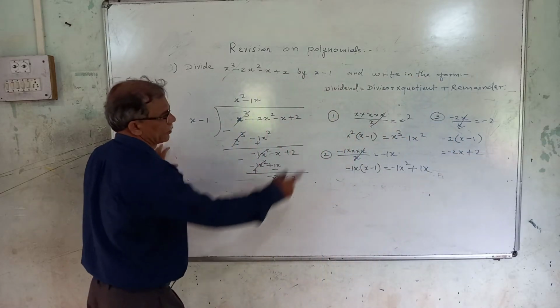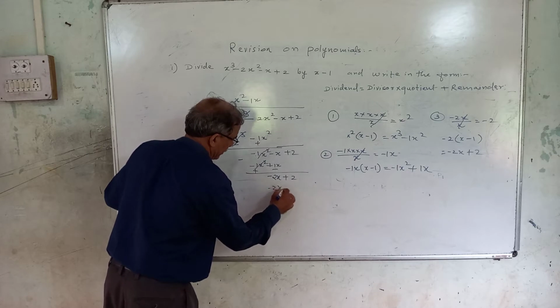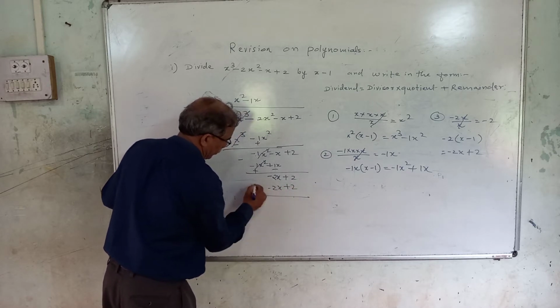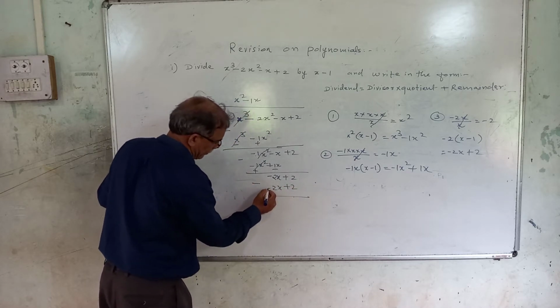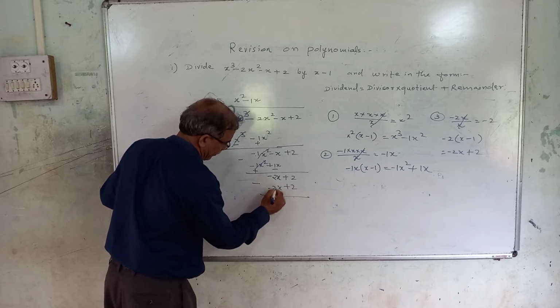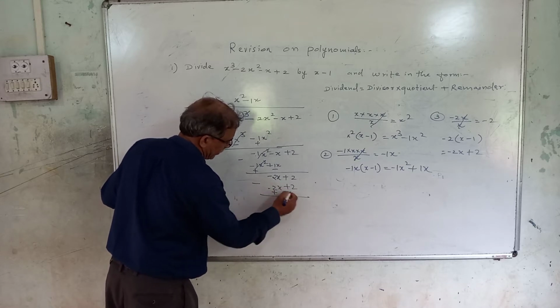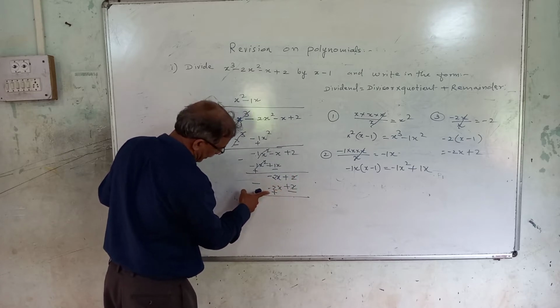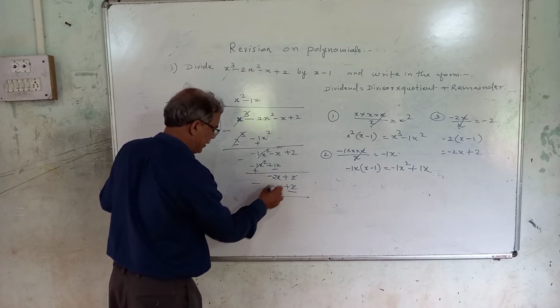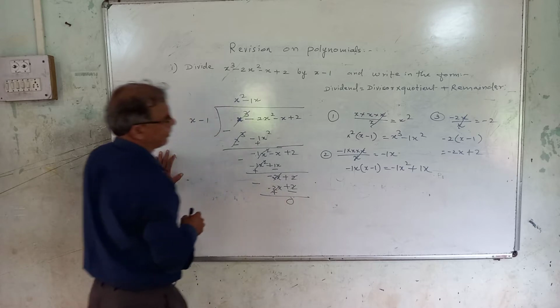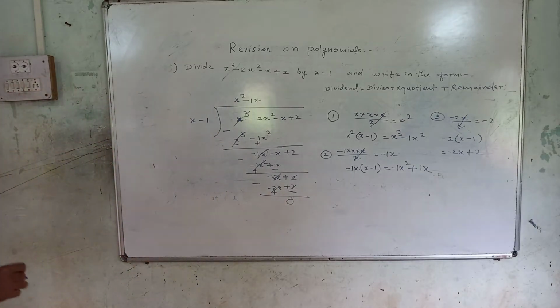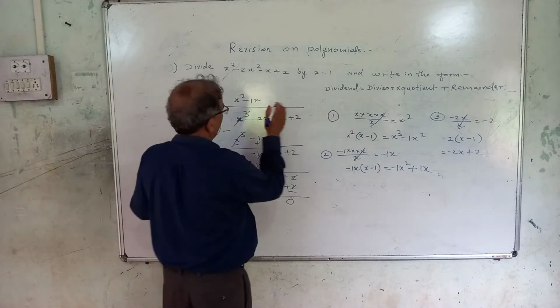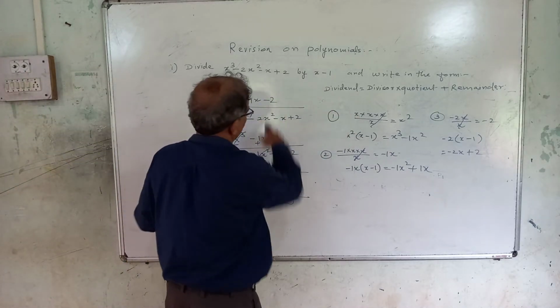So write that here minus 2x plus 2. We'll put here minus, this sign with minus into minus, this will become plus, this plus minus into plus, this will become minus. Plus 2 minus 2 cancel. This plus 2x minus 2x again they get cancelled. You get remainder 0. And now, sorry, I have not written that minus 2 here. So you have to write that minus 2 here.